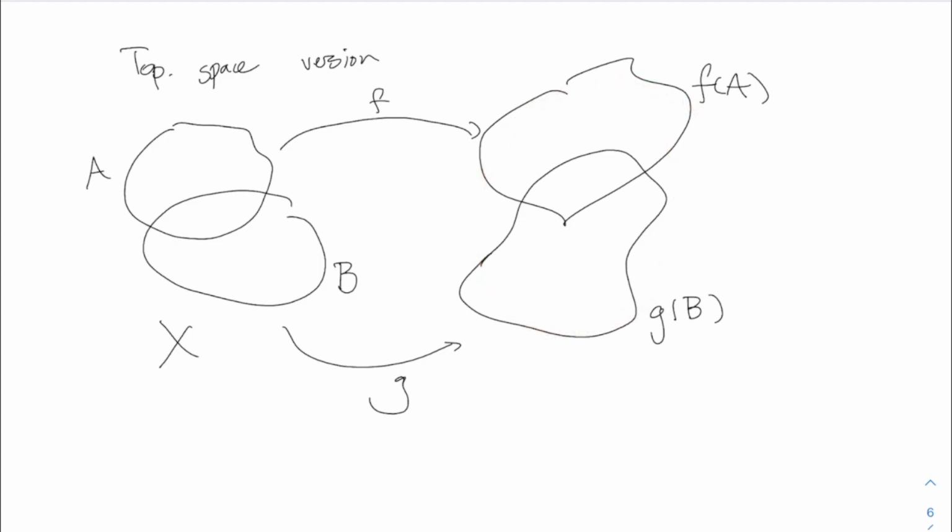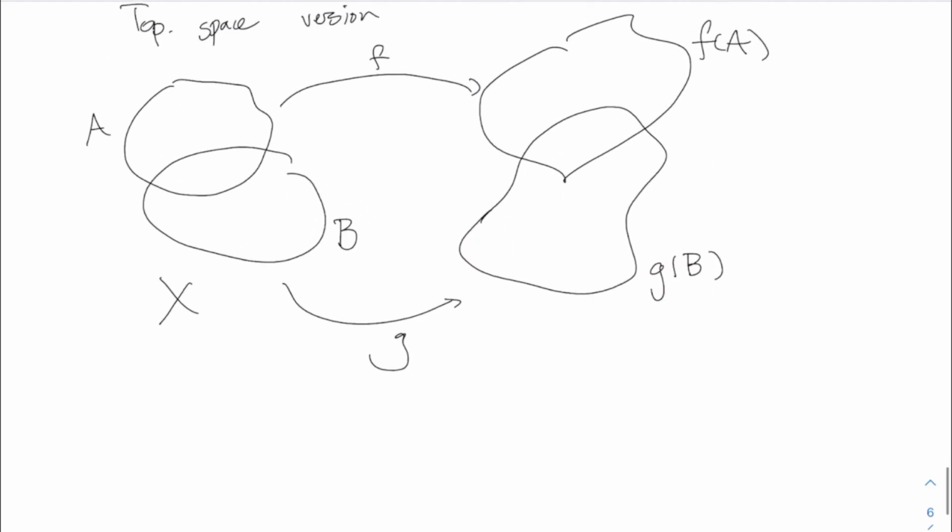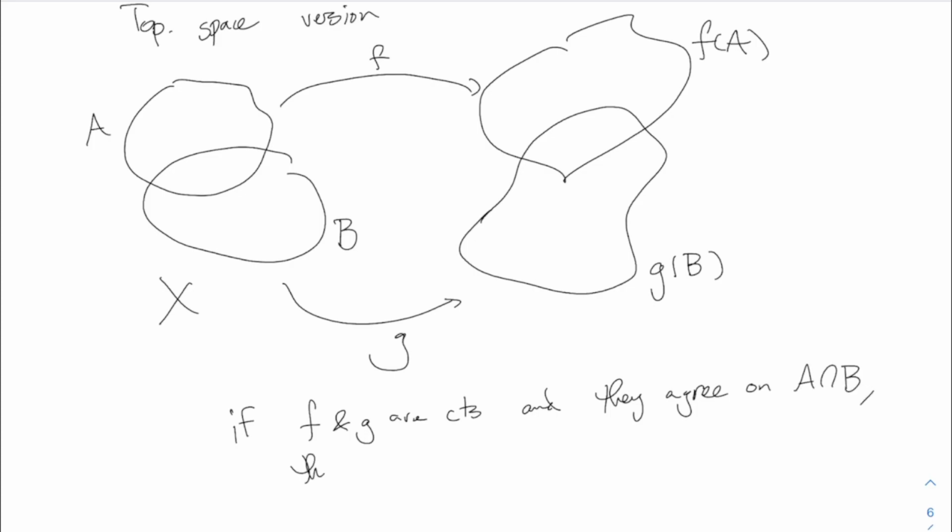That's the idea. So if F and G are continuous and they agree on A intersect B, then they can build a function on A union B, which is continuous.